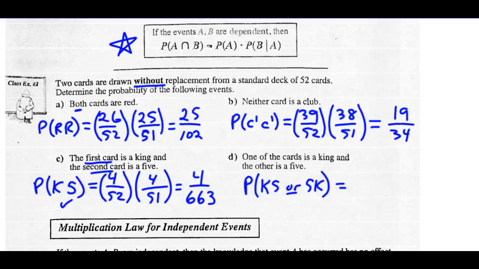That's 4 to 663. Or means we add. 5 king should be the same thing. Right? Another 4 to 663. Just a different order. But we're going to get the same probability for king 5 or 5 king. If the order doesn't matter, now we're going to add these together. So that's 8 out of 663.